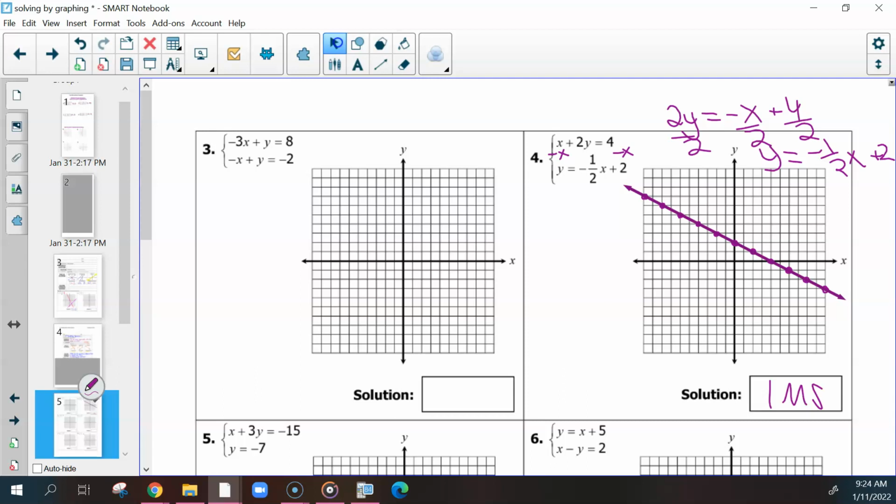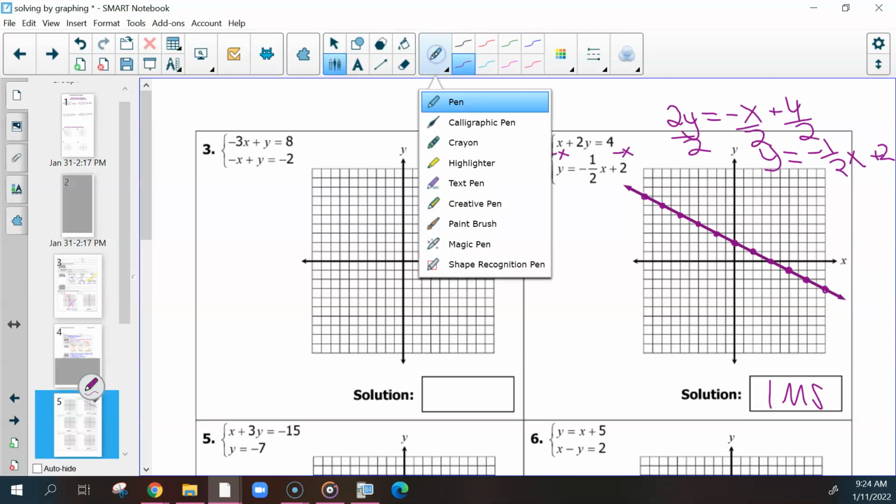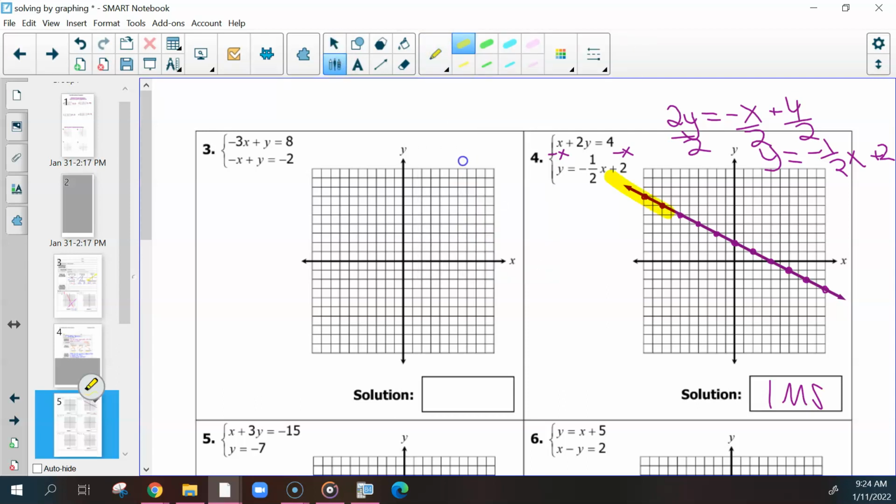Now, because these are the same line, you can do a few different things. You could graph on top of this one in a different color. You could highlight over this one in a different color to show that there are two different lines there.